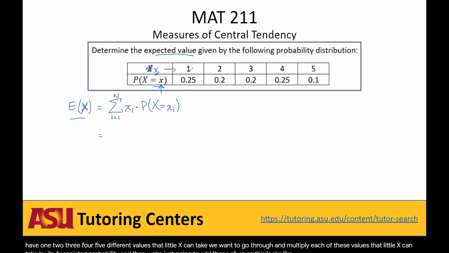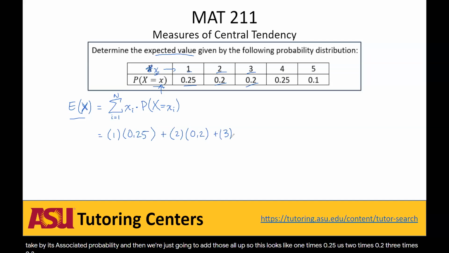So this looks like 1 times 0.25, plus 2 times 0.2, plus 3 times 0.2, plus 4 times 0.25, and then plus 5 times 0.1.